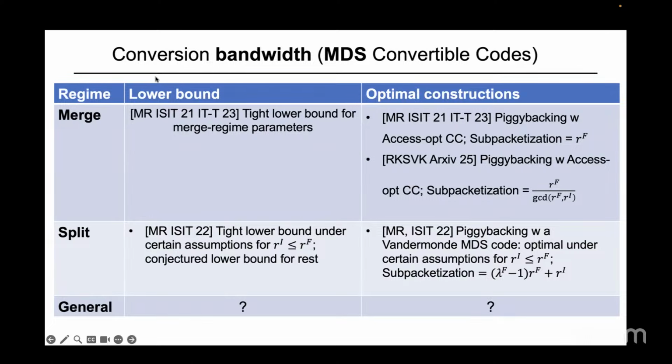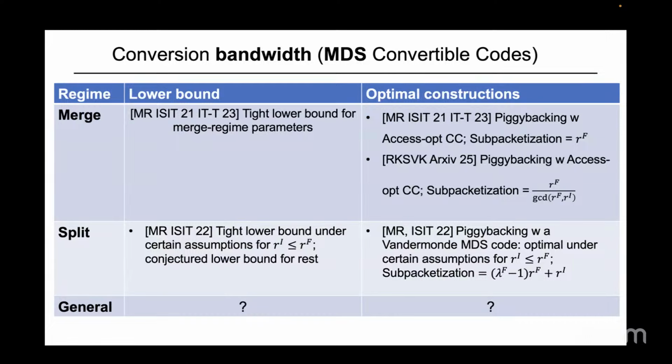On the merge side, which is the first row, it's a fairly complete picture, but still there is room for improvement. The tight lower bounds are known, like what is achievable. But in terms of optimal constructions, the code construction that is known uses the piggybacking framework, which is a way to construct vector codes, because all of these conversion bandwidth optimal convertible codes are vector codes.